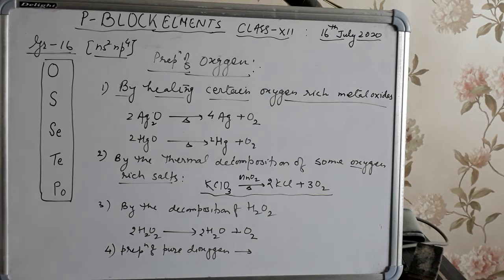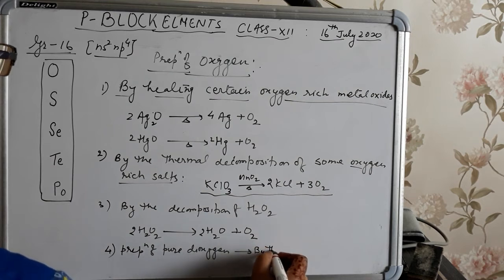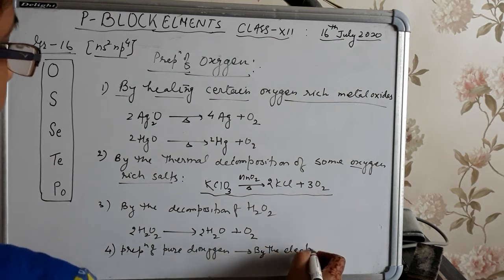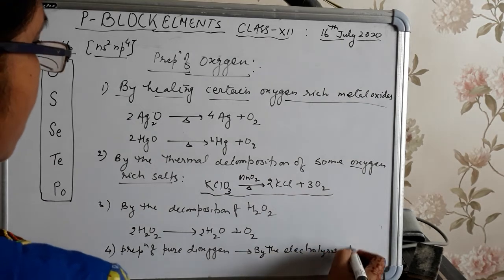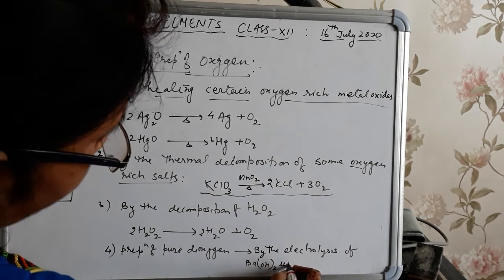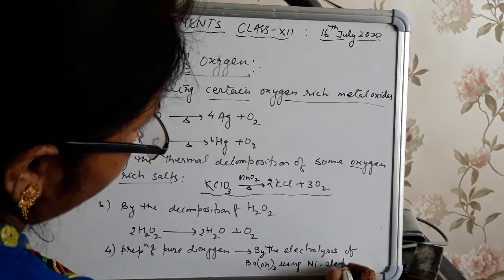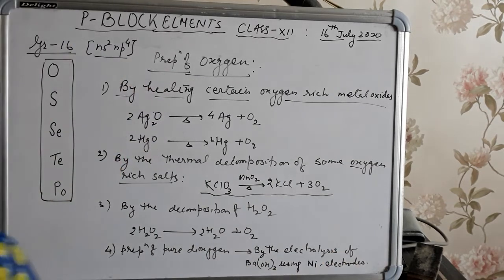So students, it is a very easy method: by the electrolysis of barium hydroxide using nickel electrodes. So these are the simple methods for preparing oxygen.